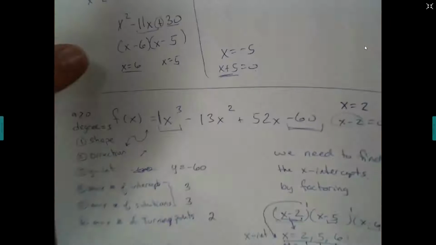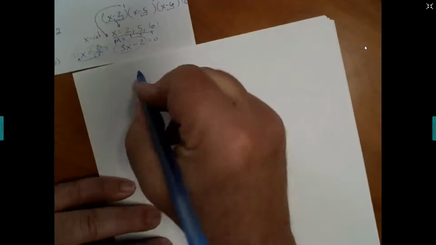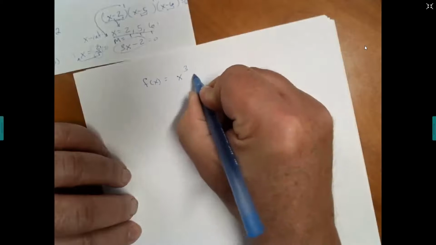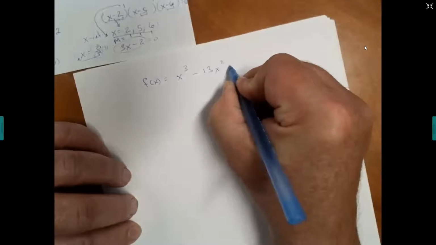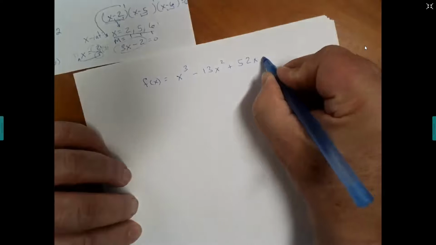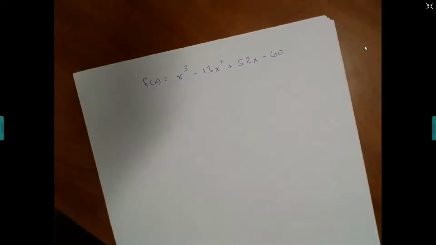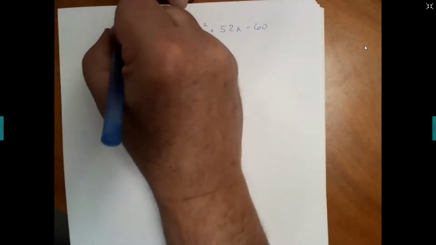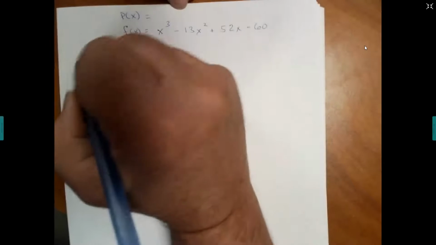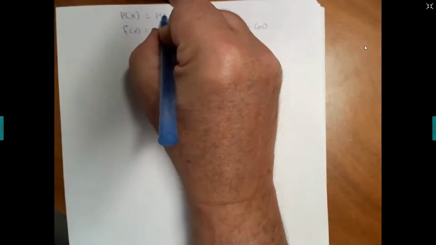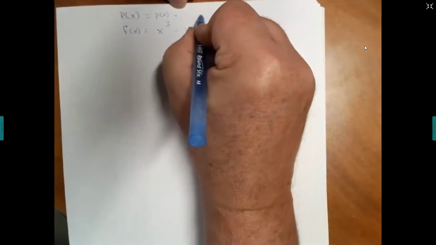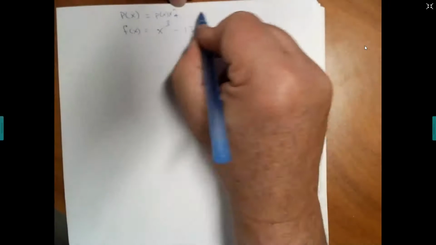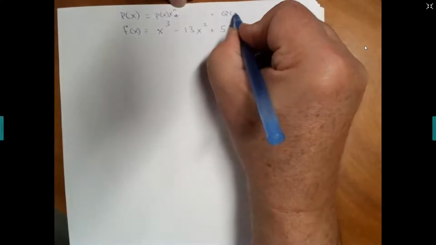Okay, so let's go back to where we ended up last time. We're going to use this example again, and we're going to start from the beginning on this one. You have a polynomial, any polynomial, P of x, x to the n, plus all these other things, and you get to the very end, you have q of x.